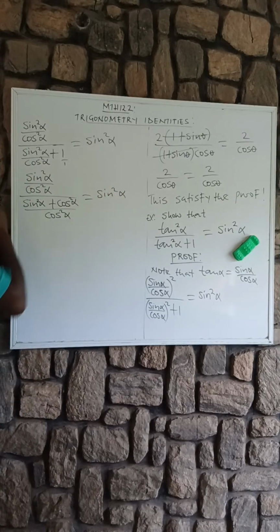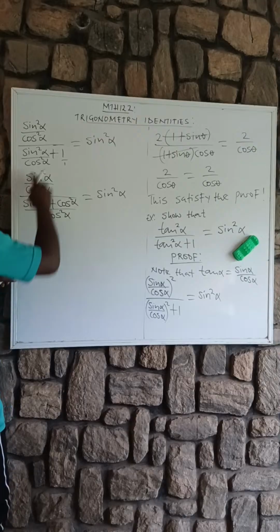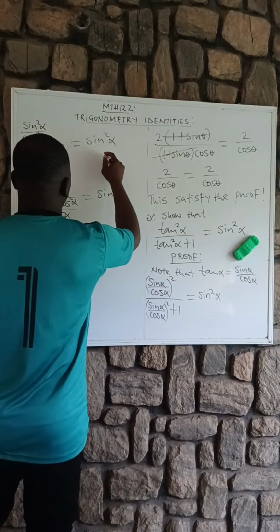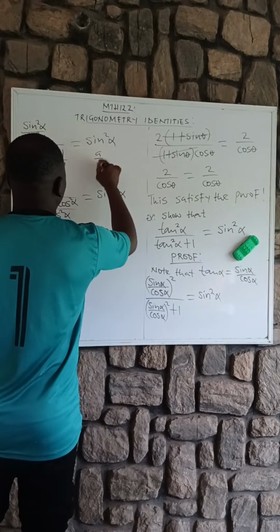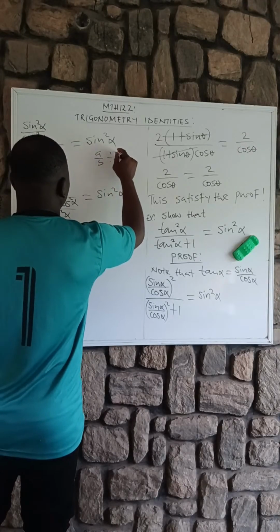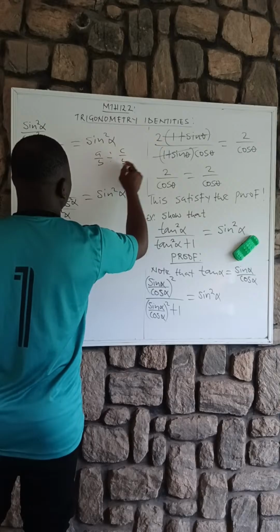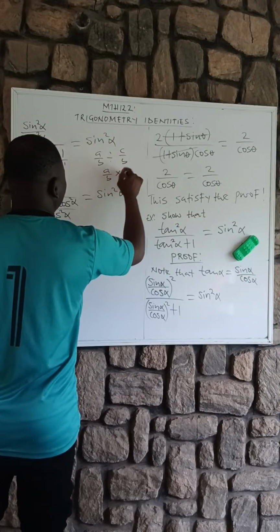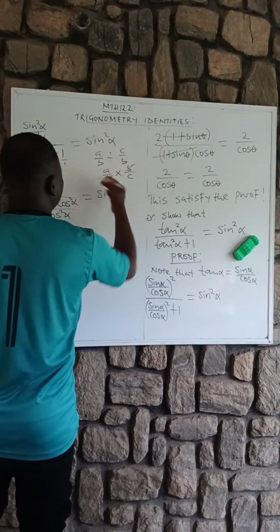Looking at this, when we have A all over B divide C all over B, this is the same as A all over B times B all over C. This and this will cancel.